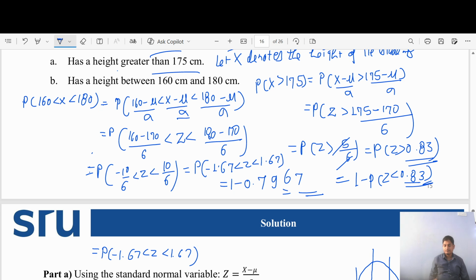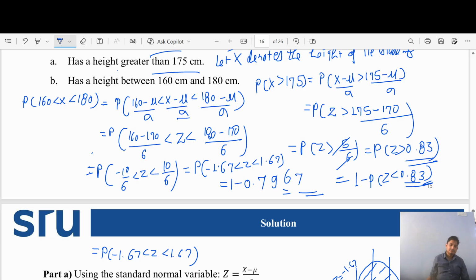Now we evaluate the part: -1.67 lies here, and Z equal to 1.67 lies here. The area between these, how do we evaluate this area?